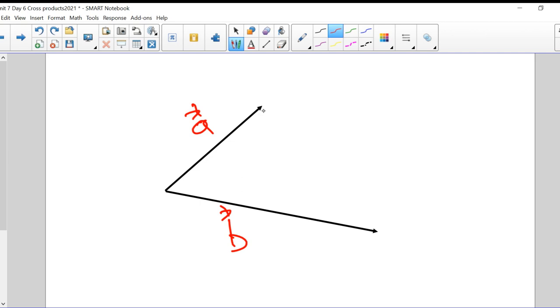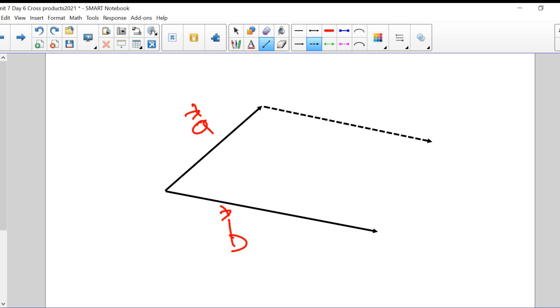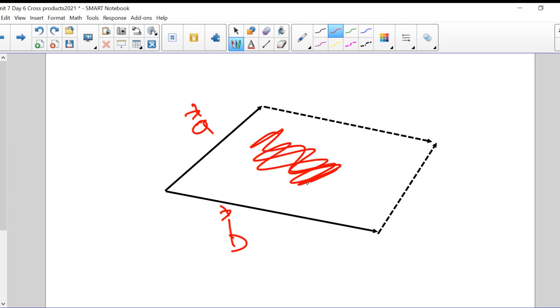So if I were to finish this parallelogram, and that's a weird looking parallelogram, that's not even close to being a parallelogram, but anyway, the area of this parallelogram is actually the same as the magnitude of the cross product between A and B. That's an important point to remember.